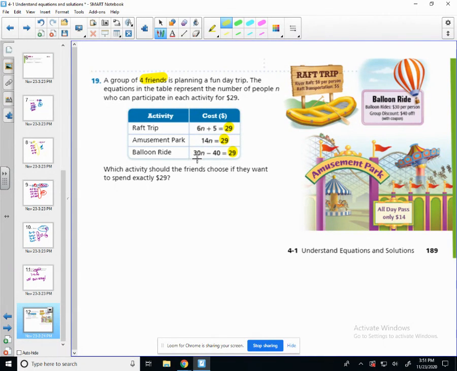And the balloon ride is $30 per person, but you have a $40 off coupon. So which one should they choose if they want to spend exactly $29? All right. You should have chosen the raft trip.